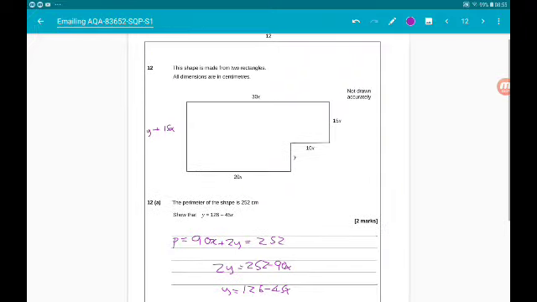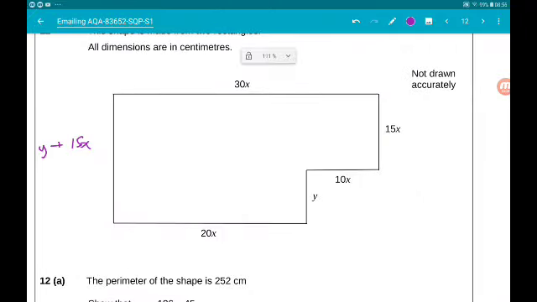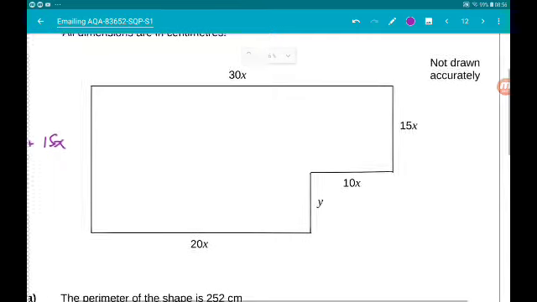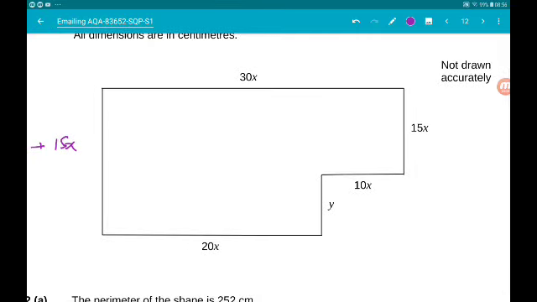Okay, so let's split this shape into two rectangles. Now I'm going to go across like that.